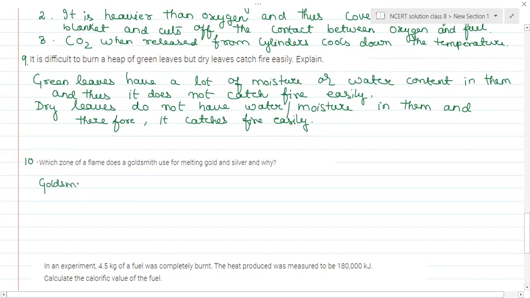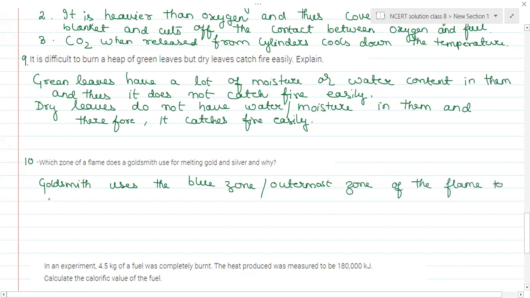Goldsmith uses the blue zone or the outermost zone of the flame to melt gold and silver.